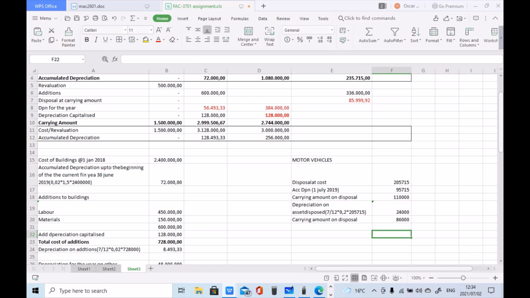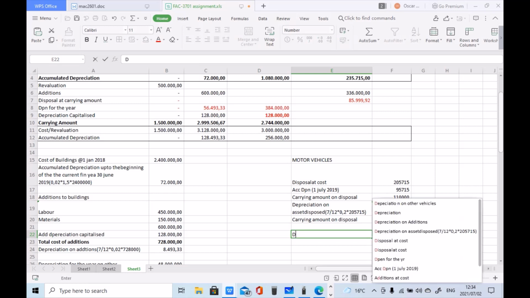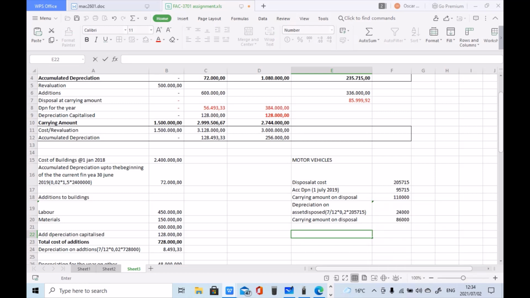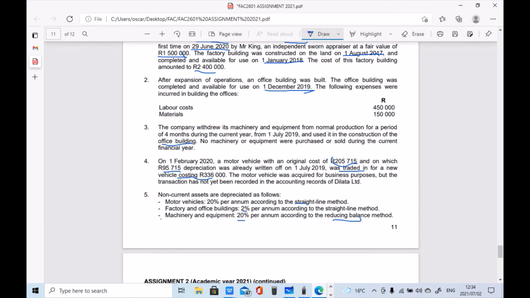And then when you are calculating the depreciation for the year, you need the additions at cost. We know that it's equal to the 336,000, but we only got this asset on which date? On 1 February 2020.